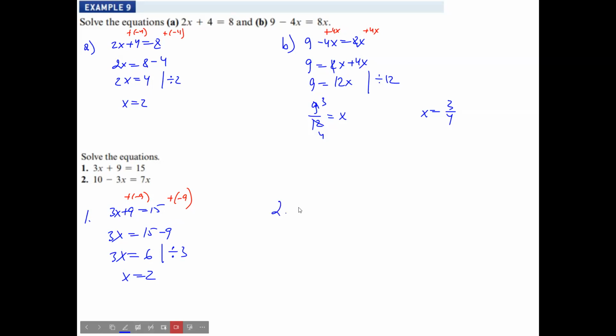The second one, so again, we transfer 3x to the other side, changing sign. It was negative, became positive. It was positive, became negative. That's what I mean.